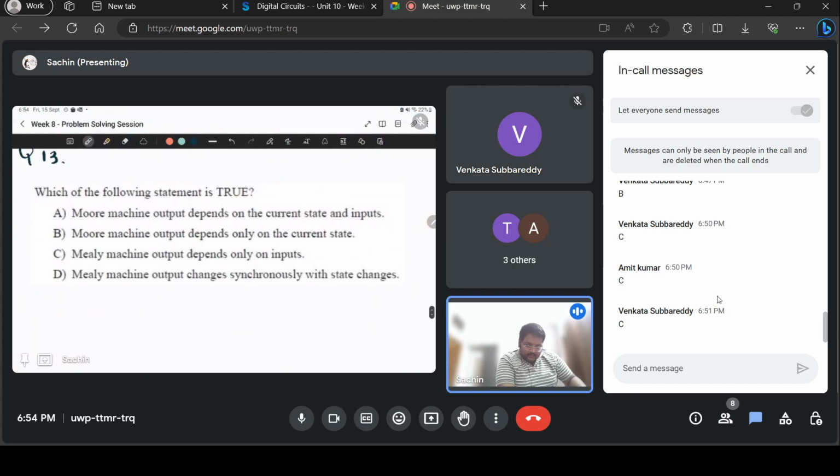See, it should be option B. Moore machine output depends only on the current state. Mealy machine output depends both on the inputs and the state. Option A is also wrong because Moore machine output depends only on the current state.